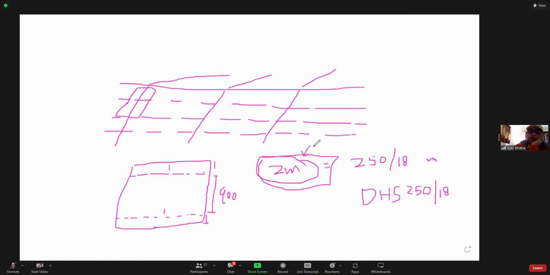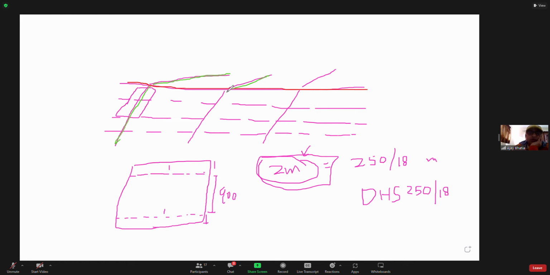So in a normal scenario, you have got your ridge beams, then you have got your rafters going like this.